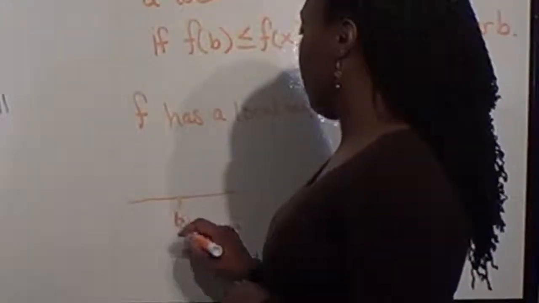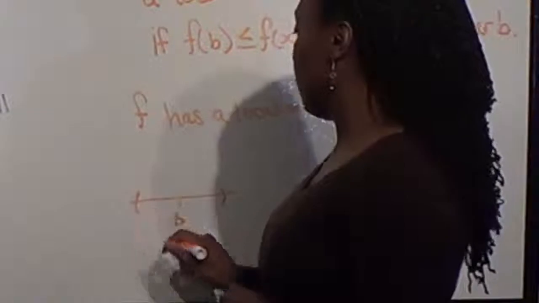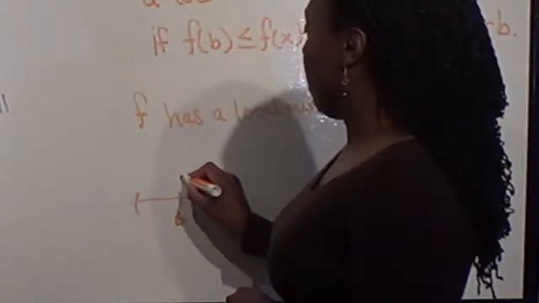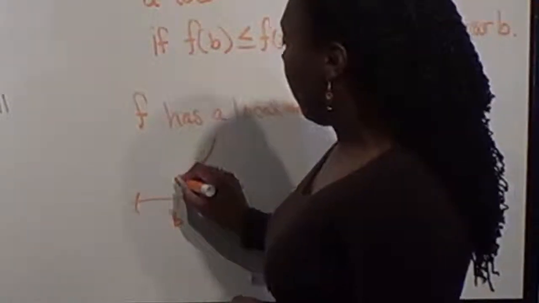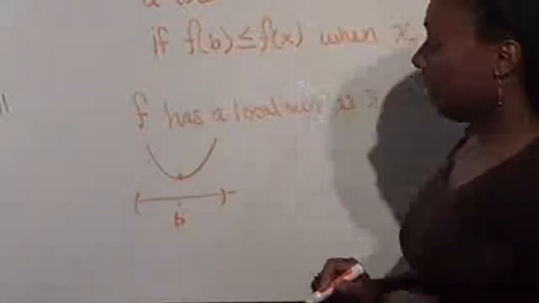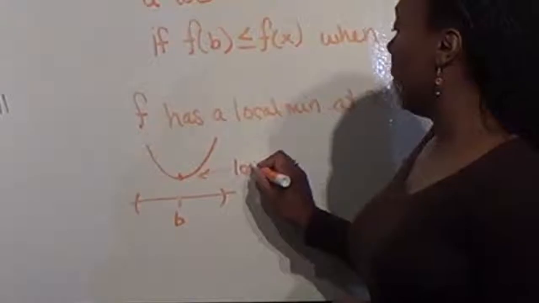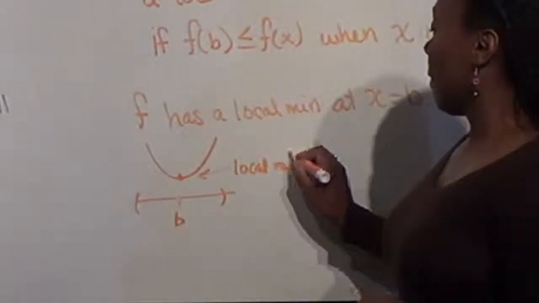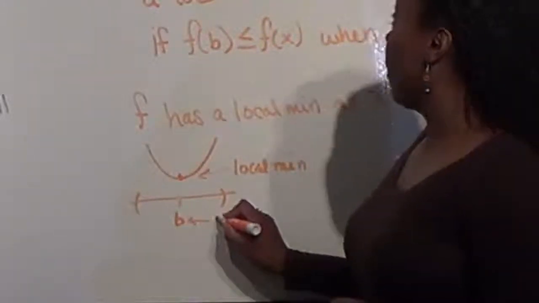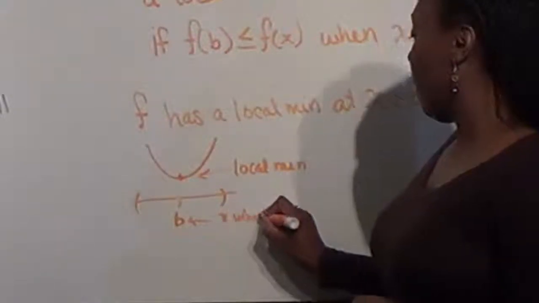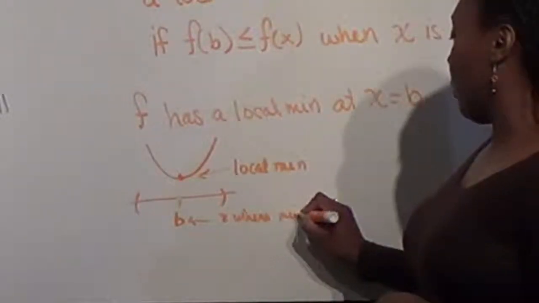So here's my point b, here's my interval, I've got some point here, and every value within that interval has a greater value than that one. So this would be my local min, and this would be the x where the min occurs.